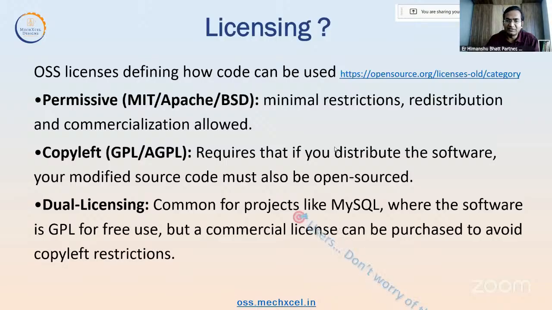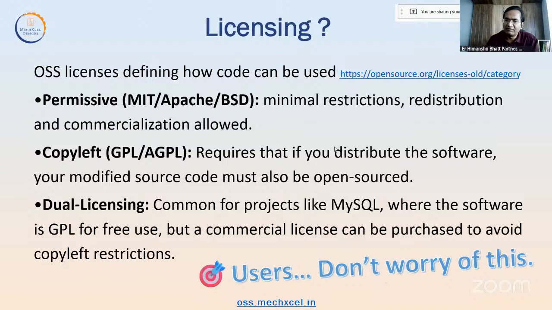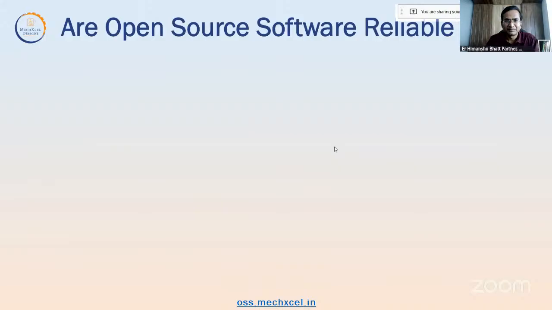But as a user, the biggest advantage is we don't need to worry about this. It is only applicable when we are developing something on top of those available features. As a user, we just need to see that the software is available in open source, go to its GitHub repository, copy the repo and start using it.